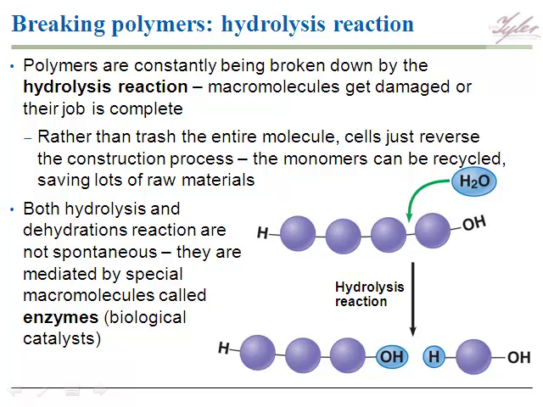The monomers can be broken off. You put in the water, break that bond, and you put a hydroxyl on one and a hydrogen on the other. How do you know which way is going to go which? Look, H, OH, OH, H.